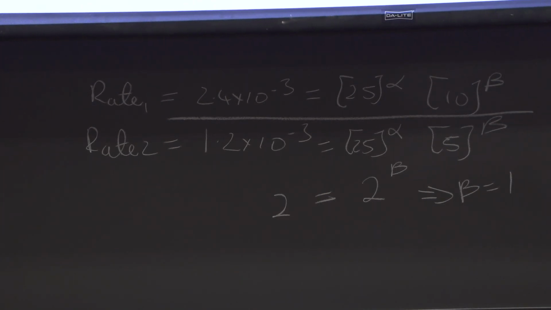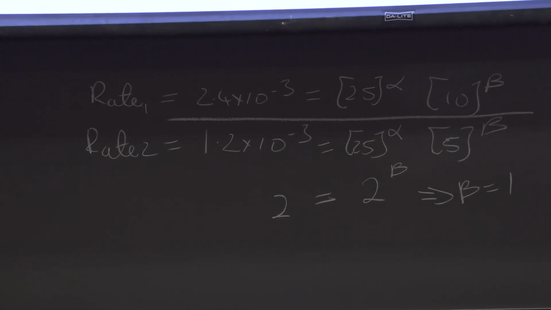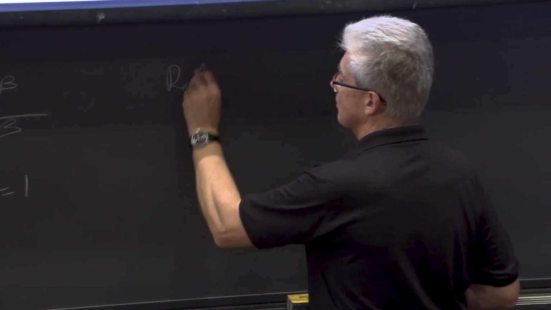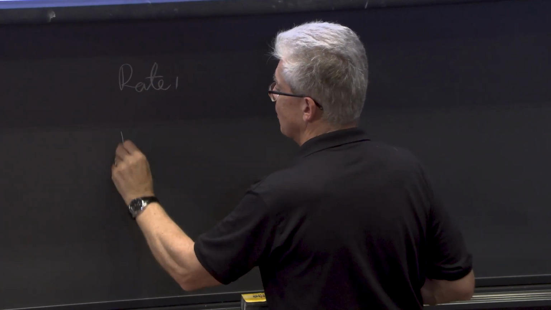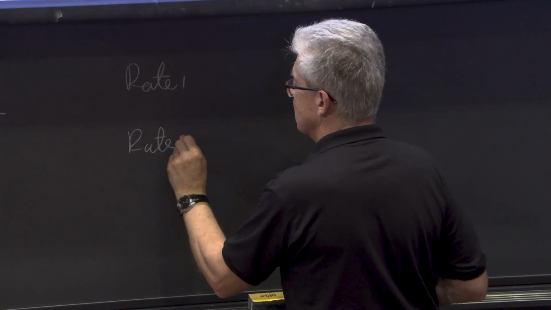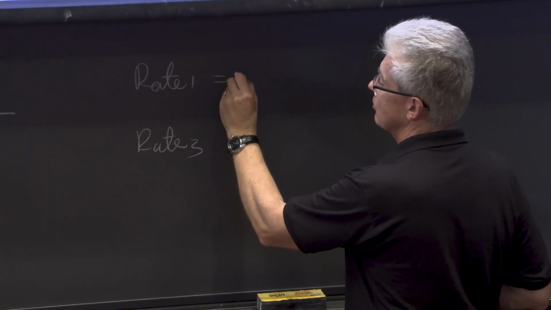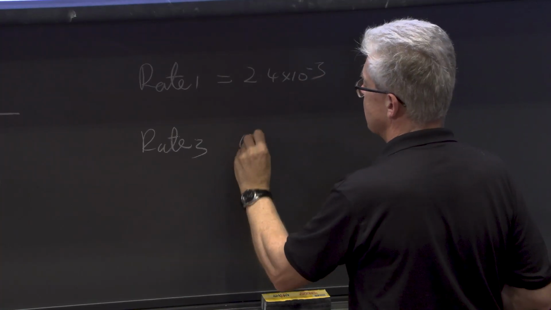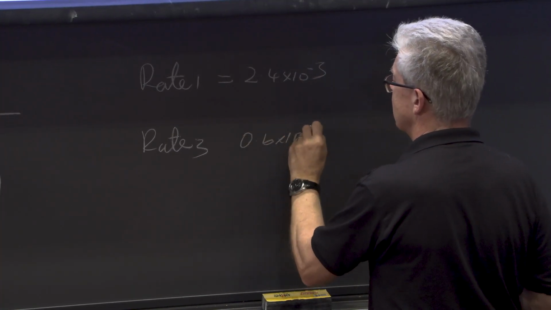Okay? And then we can do the same for 1 and 3. Okay, so if we do rate of 1 and rate of 3, that's equal to 2.4 times 10 to the minus 3 over 0.6 times 10 to the minus 3.